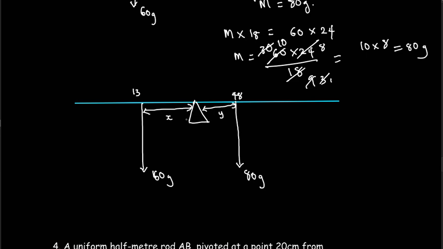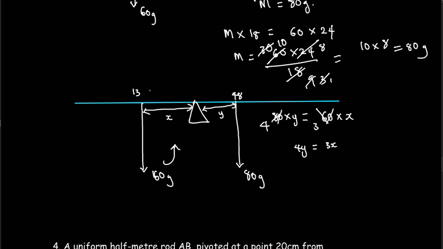Now, clockwise moment equals anti-clockwise moment, right? So you can say 80 times y is equal to 60 times x. Well, we have two unknowns. We can simplify, cancel the 0s, 2 here 3, 2 here 4. So 4y is equal to 3x.